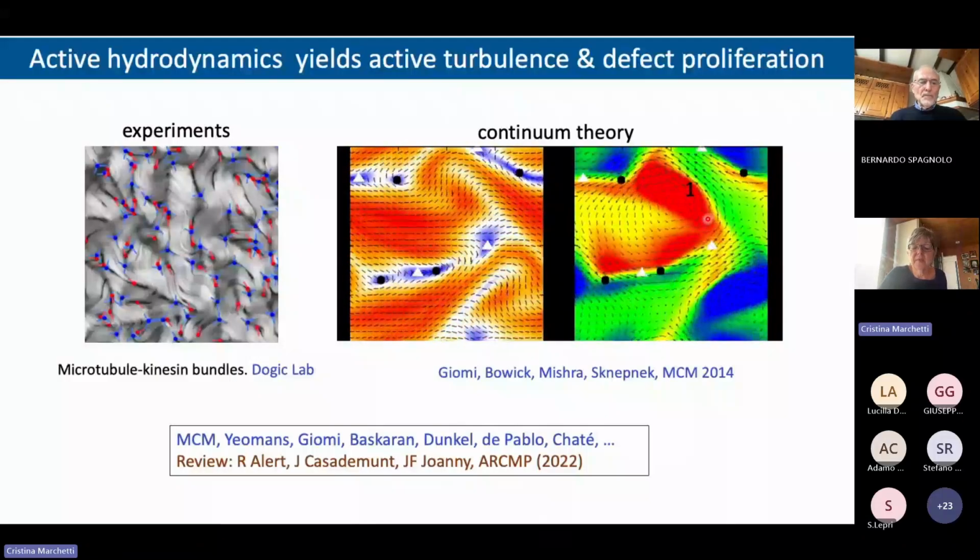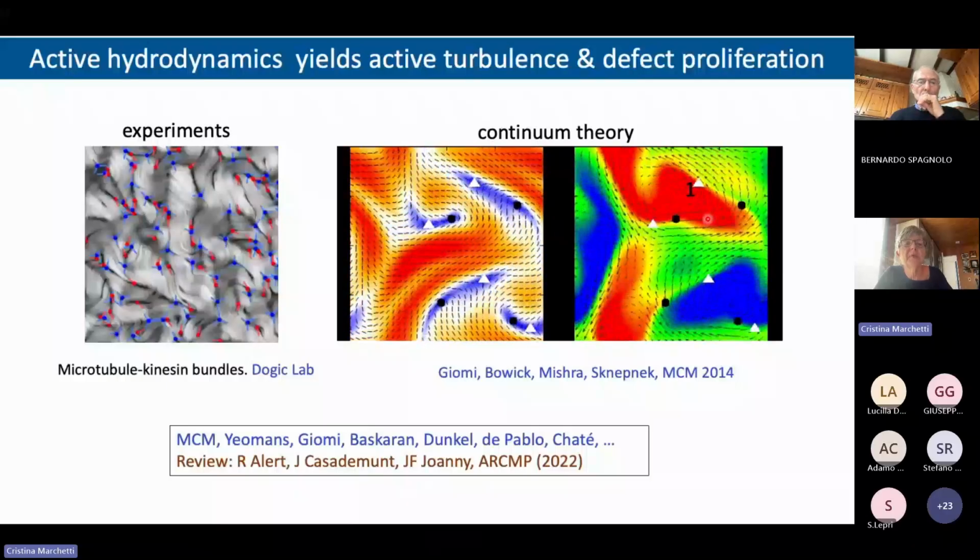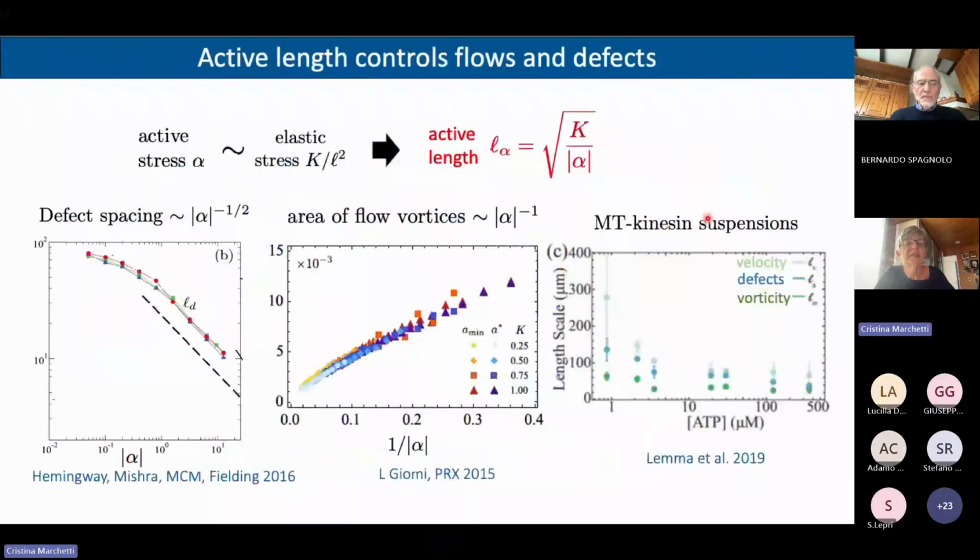This type of dynamics has been studied over the years by many, many people and characterized in many ways. But one important piece of characterization I would like to point out is that there is a characteristic length scale that we call the active length that comes from balancing active stresses with elastic stresses. So it goes like the square root of the ratio of the nematic stiffness to the strength of activity. And this characteristic length scale controls both the defects and the active flows, in the sense that the defect spacing is characterized by this length scale, and so is the size of the flow vortices.